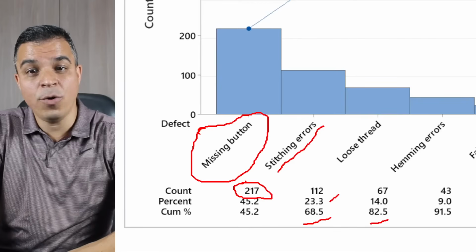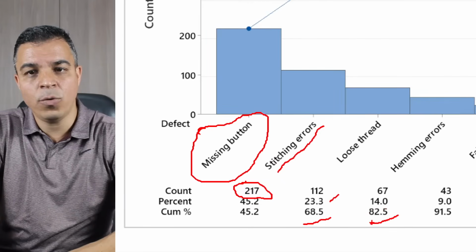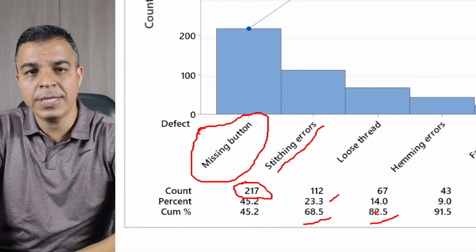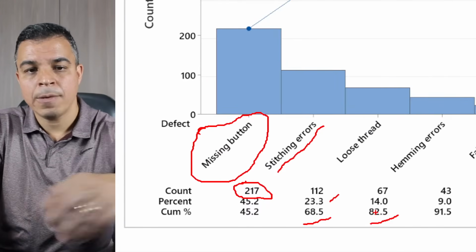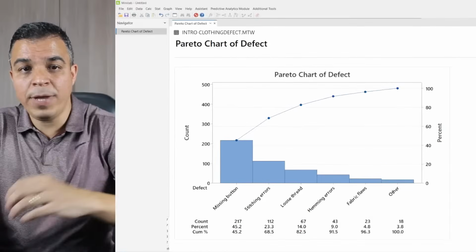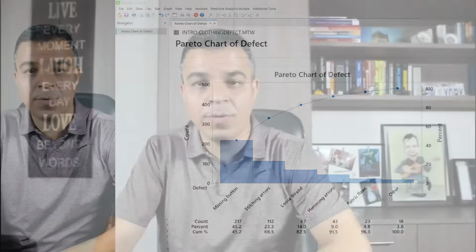And by the way, with loose thread, we got 82.5% of the defects. So in terms of frequency, see, this is beautiful. In terms of frequency, I have 6 different types of defects.